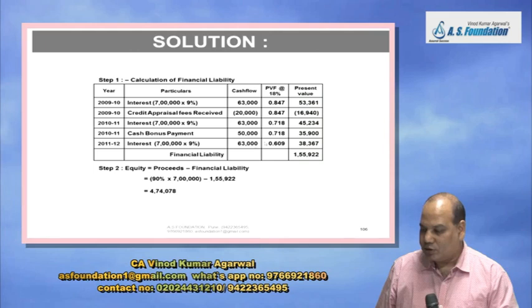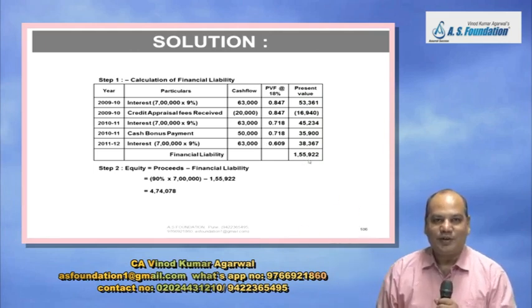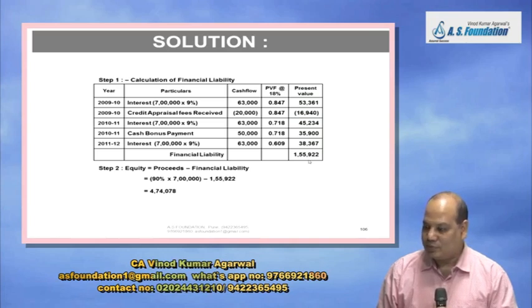So check the answer: 155922. How many of you got it right? Honestly. Oh, wonderful. Results are improving. 155922. And then write down equity is equal to proceeds minus financial liability.